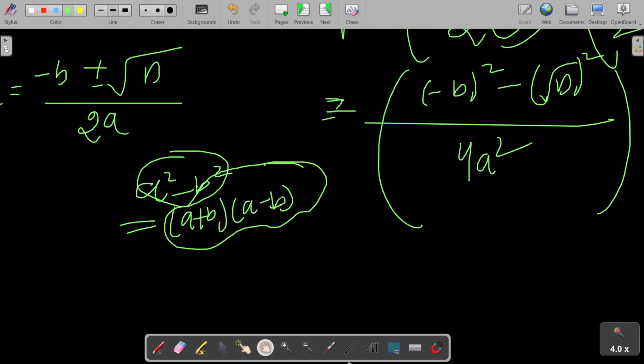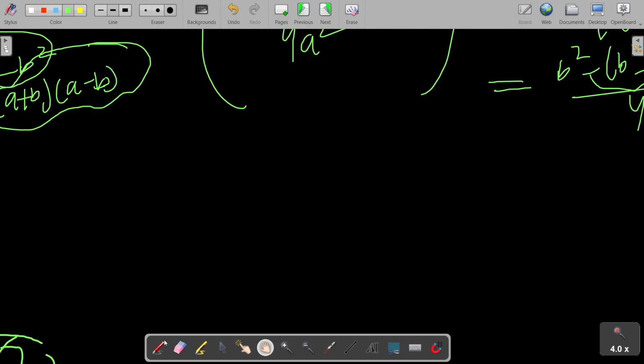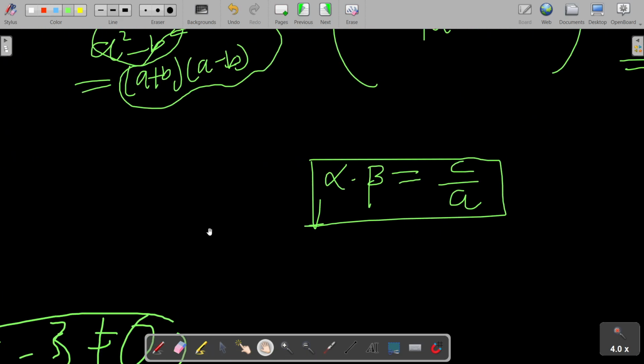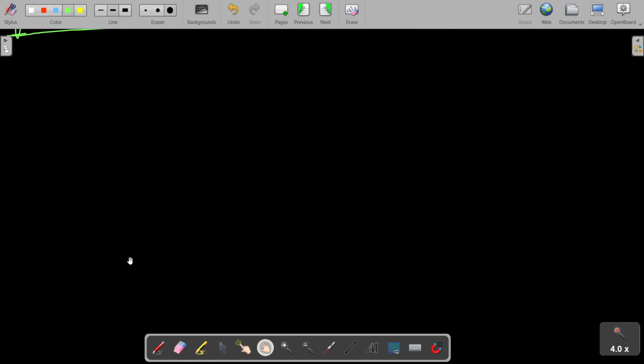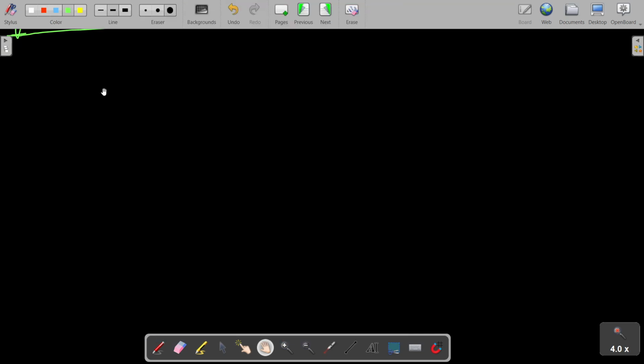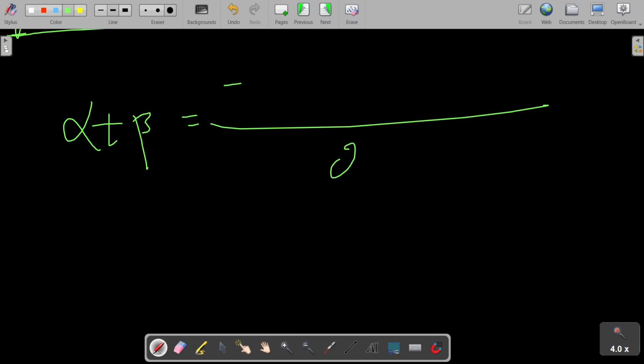So this is a very nice property, or we can say identity: alpha into beta is c over a for a quadratic equation. Similarly, if I add these two things, the denominator is the same, 2a.